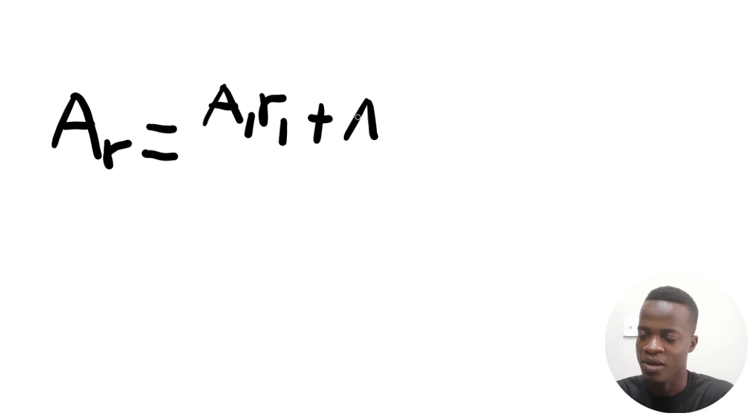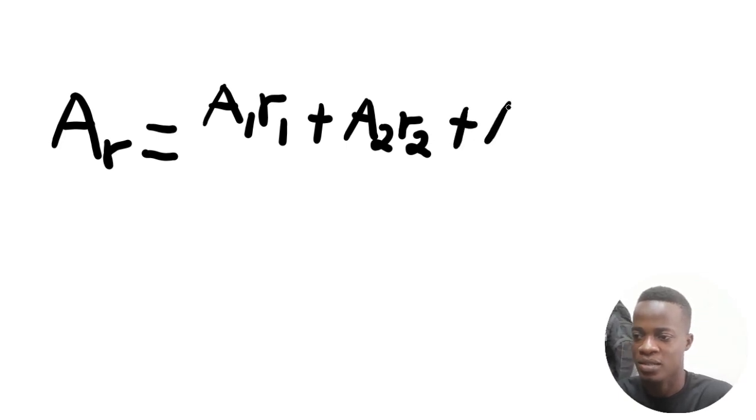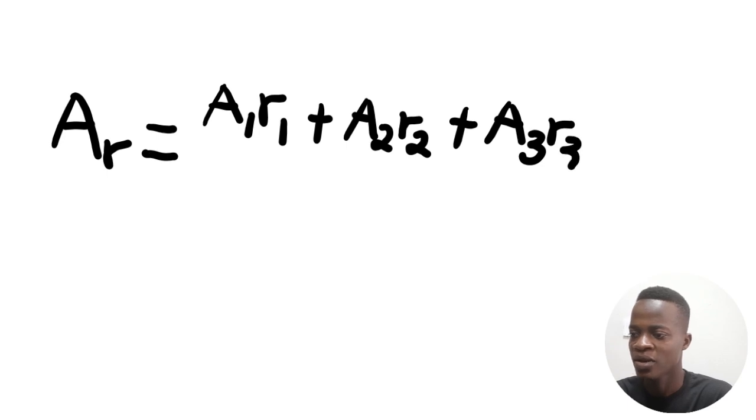This will be equal to atomic mass 1 times relative abundance 1, plus atomic mass 2 times relative abundance 2 of the second isotope, plus atomic mass 3 times its relative abundance, and you keep doing that addition for each of the isotopes until you get to the nth isotope.